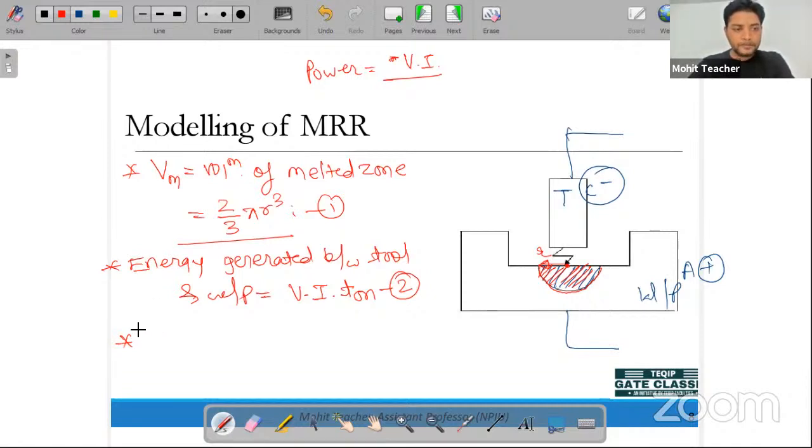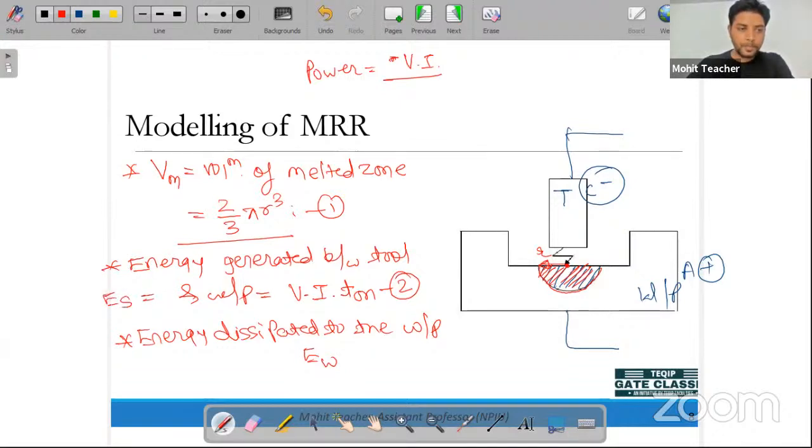So the energy dissipated to the workpiece, we can represent the generated energy as EG.